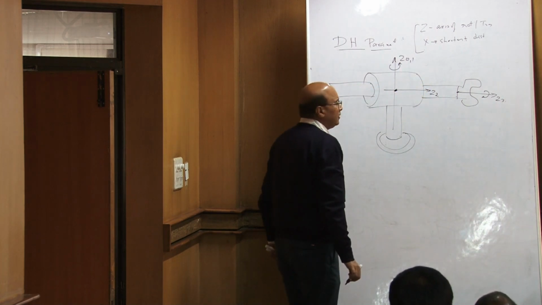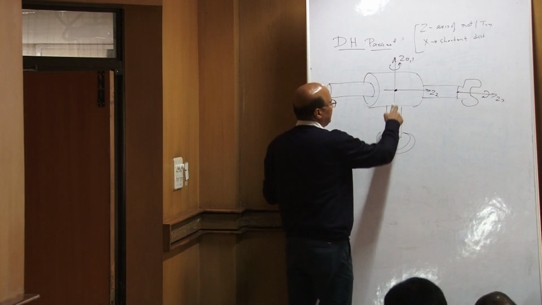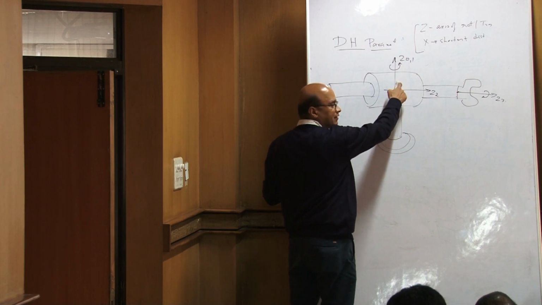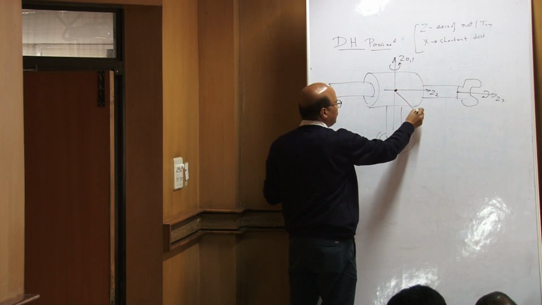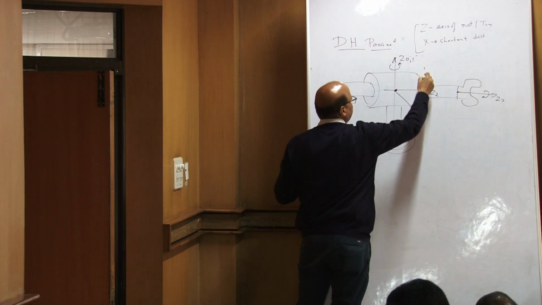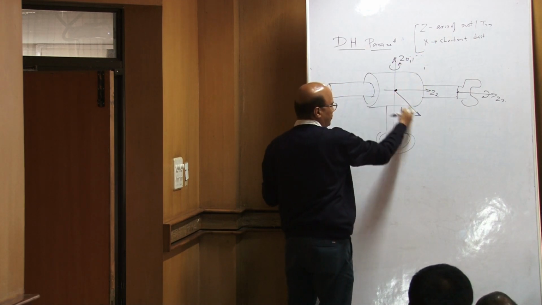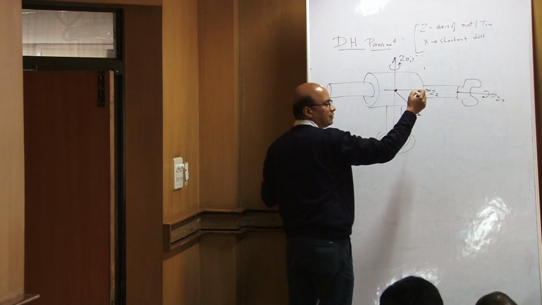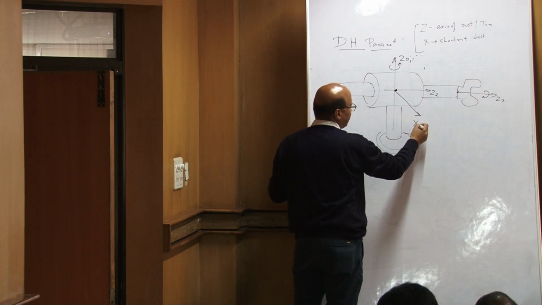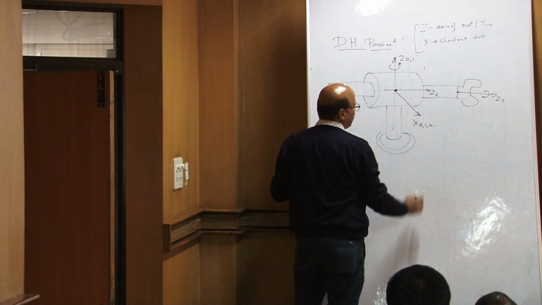Now we note that z2 and z1 are intersecting. So the x has to be perpendicular to the plane containing the z axes. So this is the plane containing the z axes, and x2 is perpendicular to that. So it's coming out like this. For convenience, I put x0, x1, x2 there.